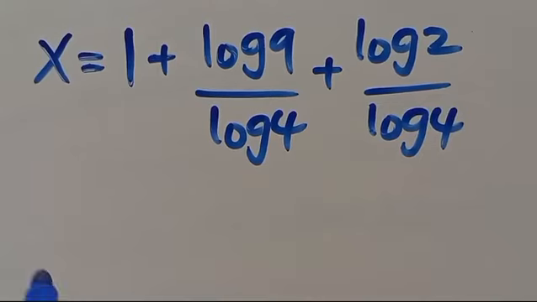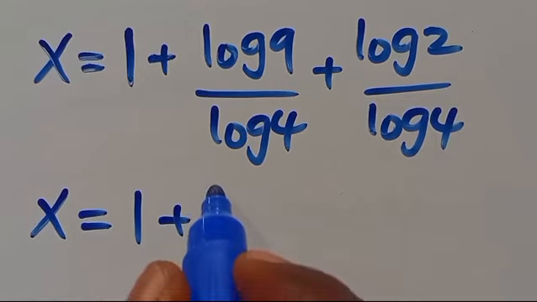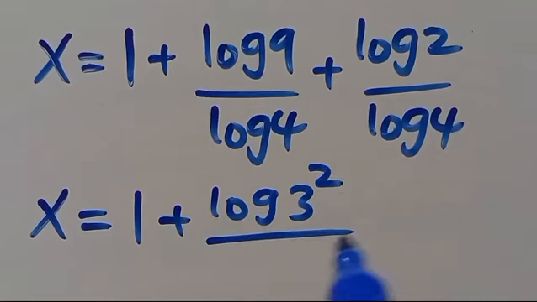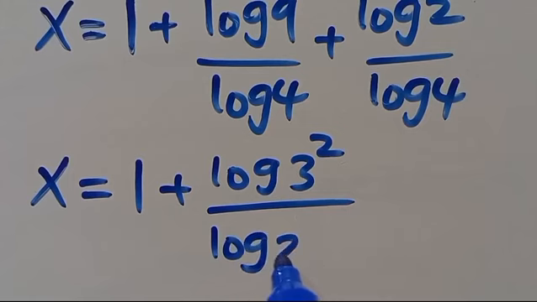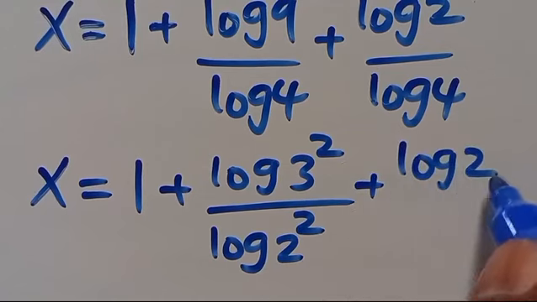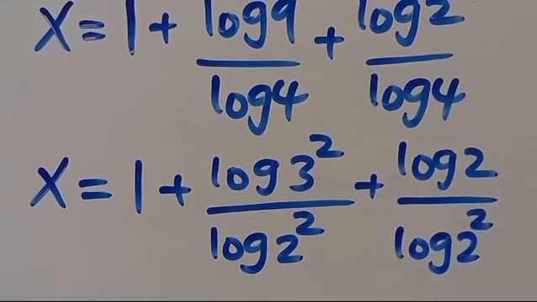So we have x equals 1 plus log 3 to the power of 2 over log 2 to the power of 2, plus log 2 over log 2 to the power of 2.